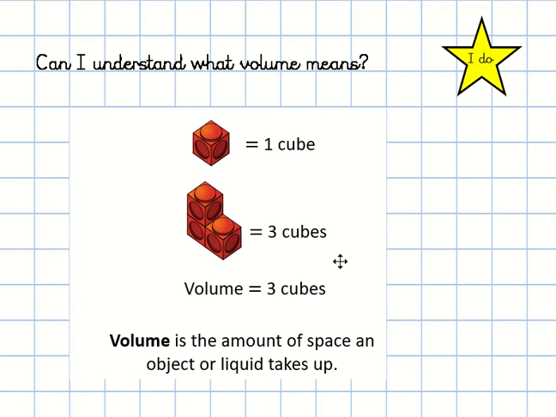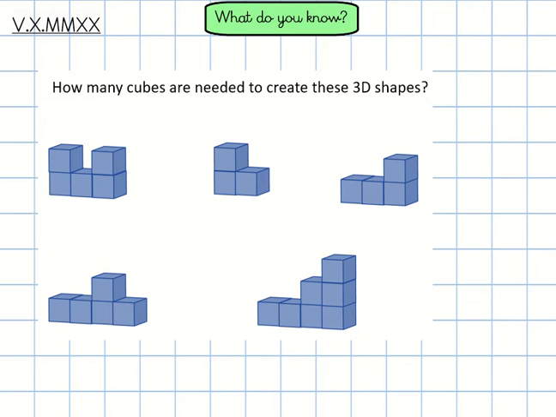So then, knowing what we know, let's have a look at this. How many cubes are needed to create these shapes? Well, here I've got 1, 2, 3, 4, 5 cubes. On my next one I have 3 cubes. On my next one, you're probably saying it at home to yourself, 4 cubes.